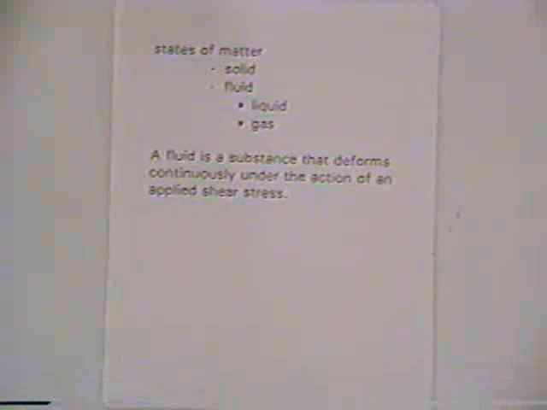Now, matter can be either solid or fluid, and the spacing of the molecules and the attractive forces between the molecules will govern whether or not we have a solid or a fluid. With a solid, the attraction between the molecules is such that there's a rigidity, and I can rub my hand across this tabletop and the table will not deform.